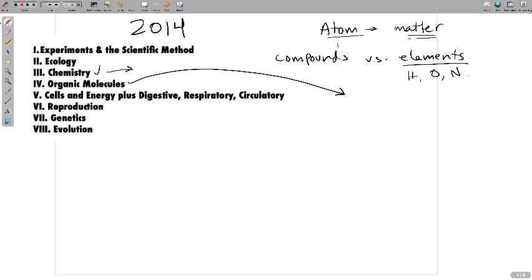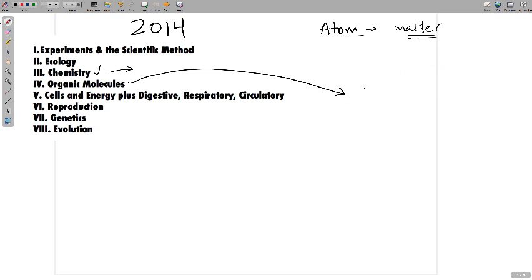What other ones are famous for you? Carbon, gold. We said gold, okay, which is Au. Anyway, stuff like that. So those are elements. And then compounds are any elements that are bonded together. So water, CO2, etc. Okay? So that was something else that was in chemistry.